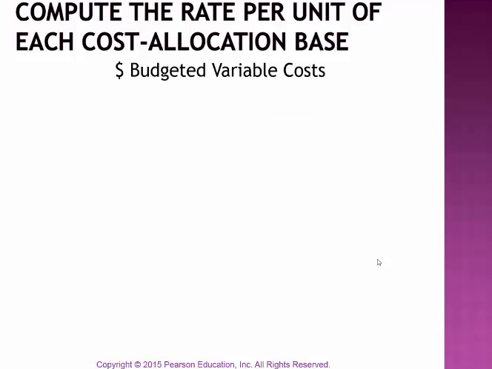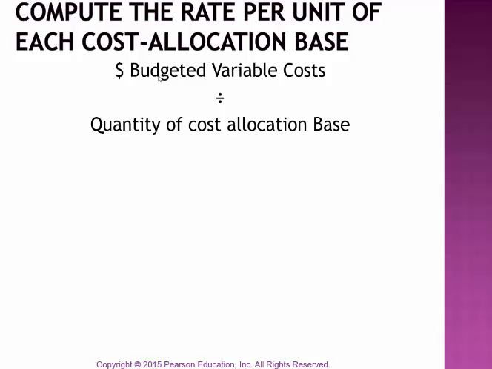All right, so here is what our formula would look like. We're going to take the dollar amount budgeted for the variable cost. We're going to then divide it by the quantity of the cost allocation base. Now, consider here, folks, that these are both estimated numbers. The estimated or budgeted total amount of the variable cost per this cost allocation base divided by the estimated or budgeted quantity of the cost allocation base that we expect during the period.